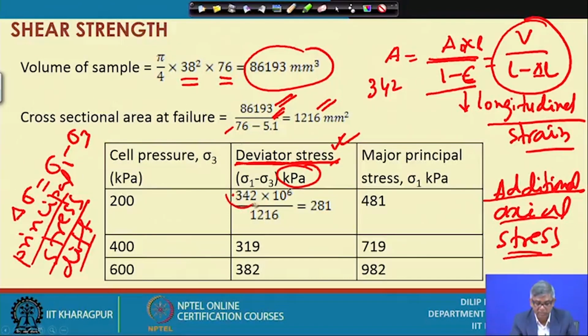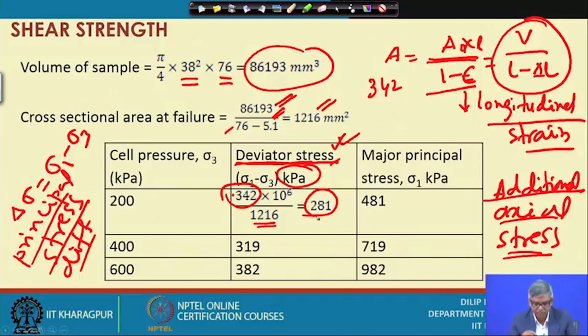Newton is expressed in kilonewton by dividing by 1000, so it becomes 0.342, and this is millimeter square. To make it meter square, it is multiplied by 10 to the power 6. So, it becomes 281 kPa.